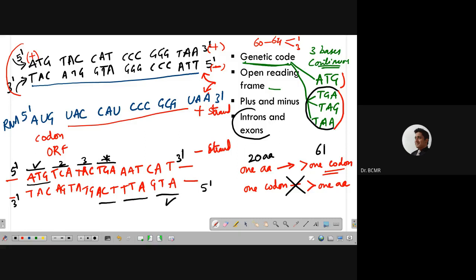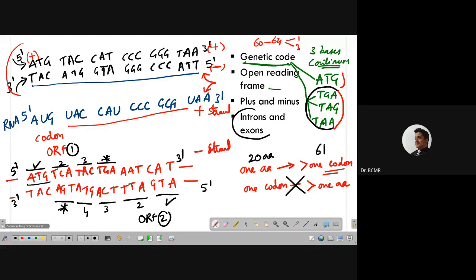This is the start codon, 1, 2, 3, GTA 4, and then you have TGA, that is the fifth one, the stop codon. I'll call this ORF1, and this one I'll call ORF2.